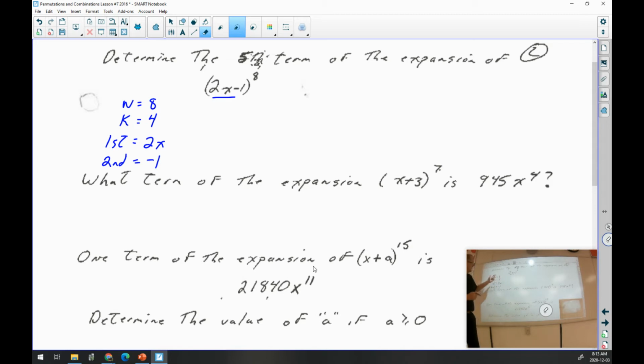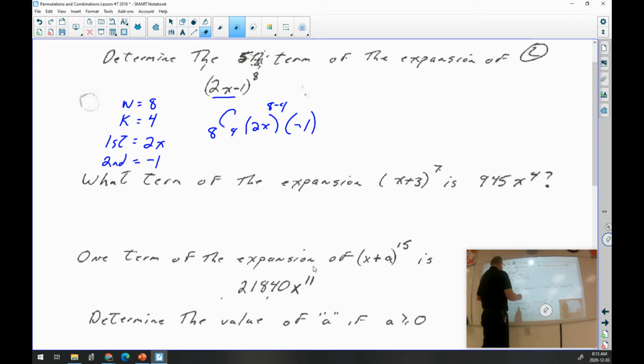We have 8 choose 4. Now we're going to take our first term, which is 2x, raise it to the power of 8 minus 4. And I'm going to take my -1, and I'm going to raise it to the power of 4. Now, again, reach for your calculator to do 8 choose 4. 70. Now, what we have here is 2x raised to the power of 4.